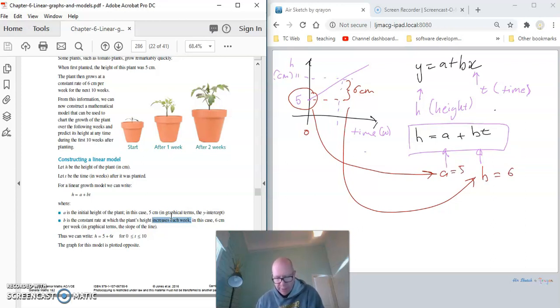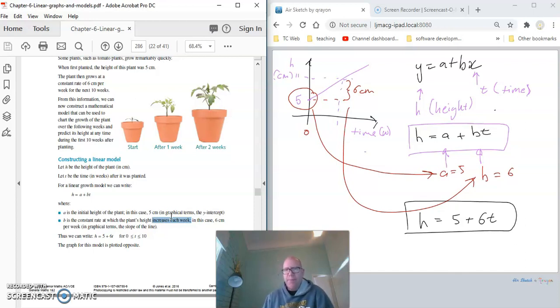And now all I have to do is complete my equation. H equals 5 plus 6 times T. Okay, we've done this a few times. We did this back in linear equations where we used real life situations and made an equation for them. This is the same thing.